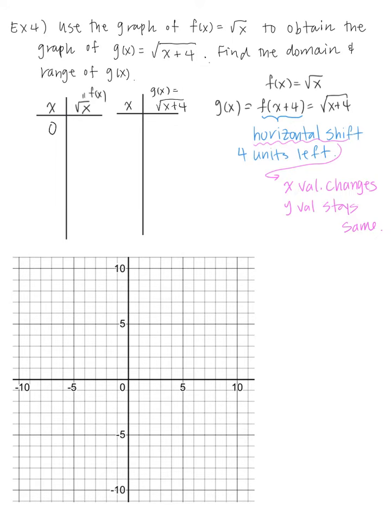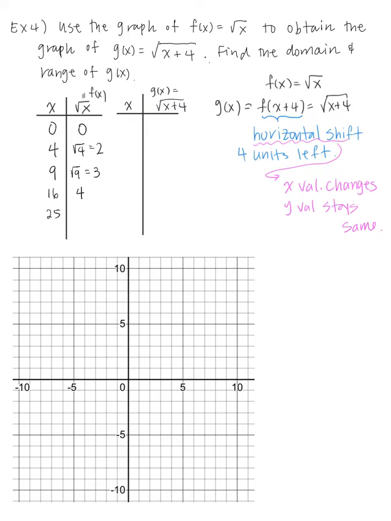0 is nice because square root of 0 is just 0, right? And then which one is the next nice number? 4, because then square root of 4 is going to give us 2. And then next one is 9, because square root of 9 is going to give us 3. Do you see what I'm doing? I'm trying to pick a nice number. 16, and square root of 16 is 4.